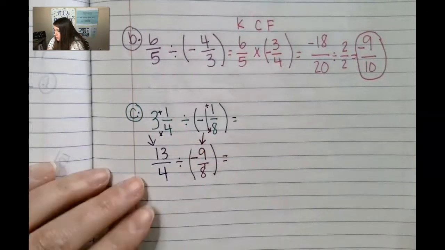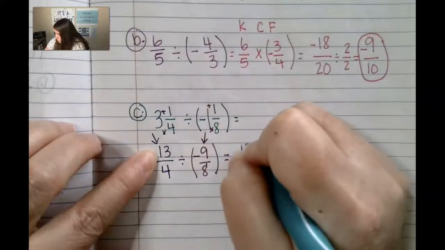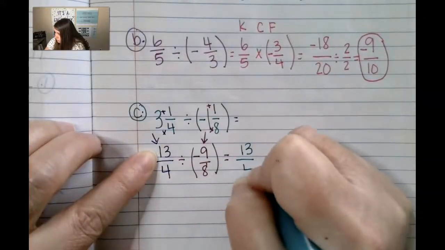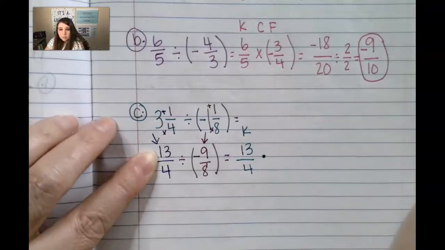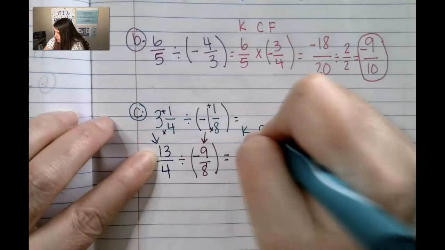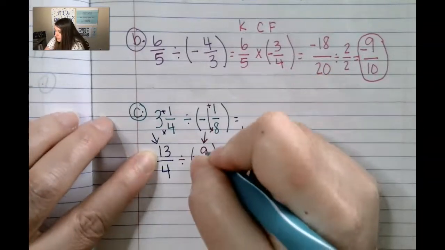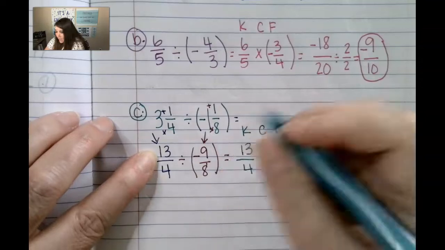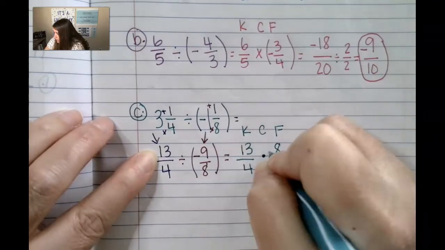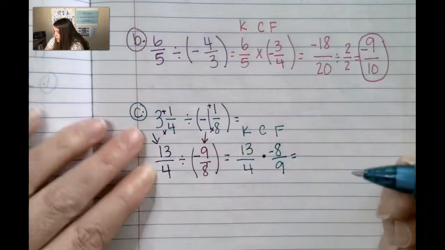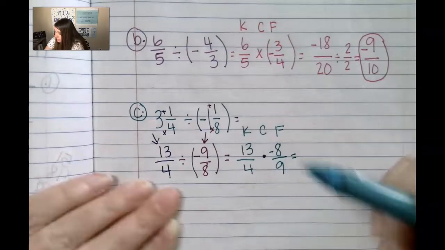So we're going to keep that first one, which is 13/4. Keep it. We're going to change to multiplication, and we're going to flip. So instead of -9/8, we're now going to have 8/9, and it's a negative fraction. So we're going to keep that negative sign there.